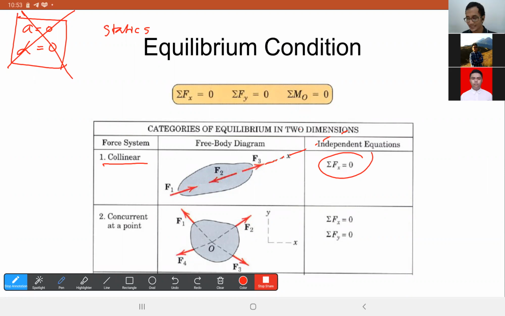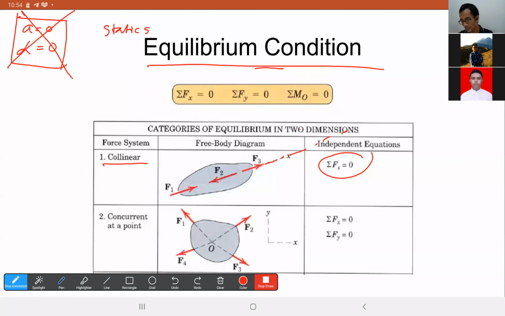The total force in the x axis, sorry, it's not coordinate, axis. If the total force in the axis is equal to zero, then it meets the equilibrium condition. That's the first part.